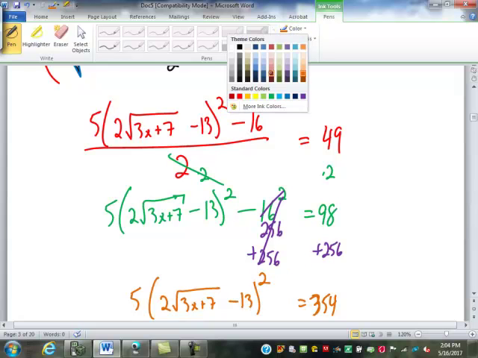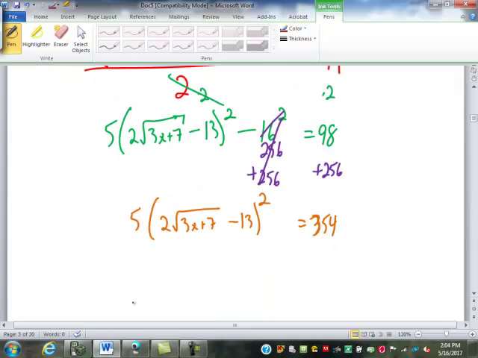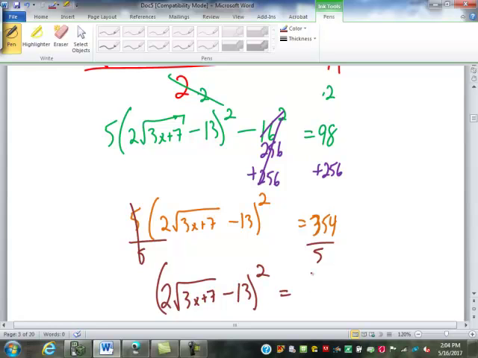Now I'm going to divide by the 5. Multiplying by 5 is the outermost thing here, so I'm going to divide by 5. 354 divided by 5 is 70.8.